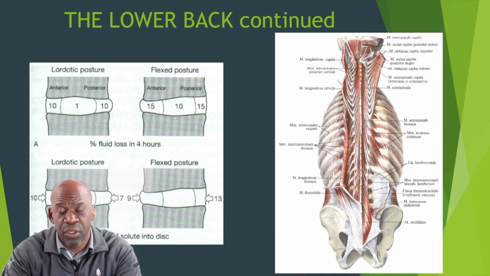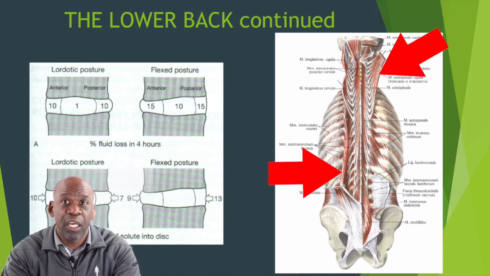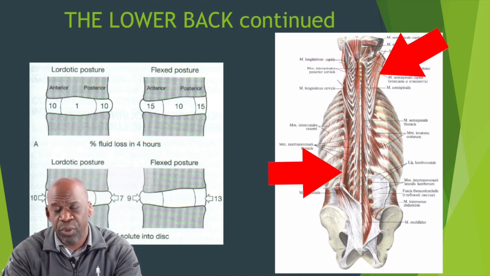Note that the muscles that are associated with control of the spinal column higher up are generally smaller in size as compared to the muscles lower down, which tend to be larger in size and with broader areas of insertion.